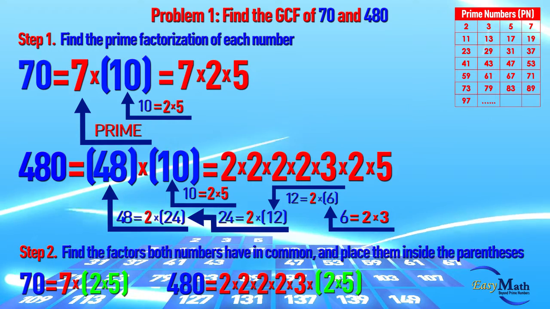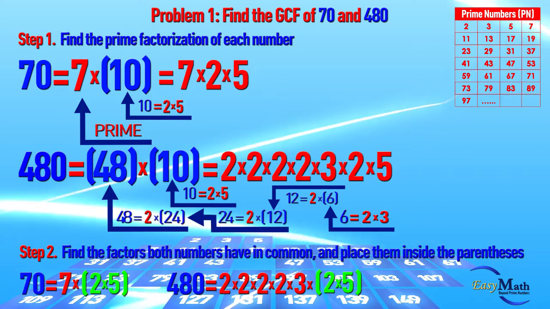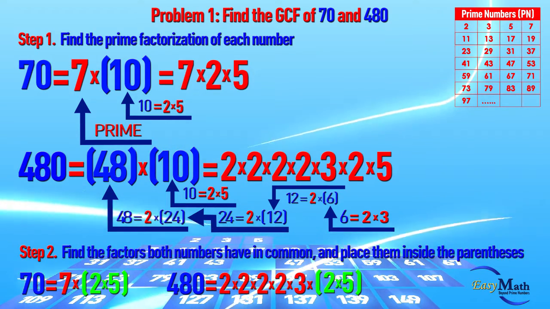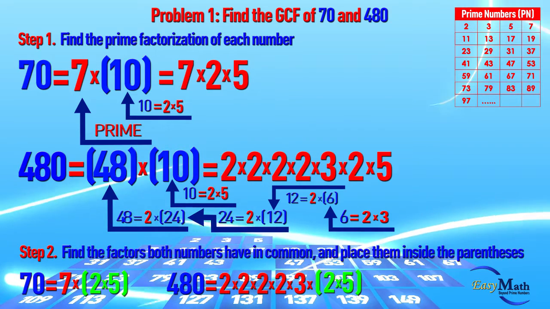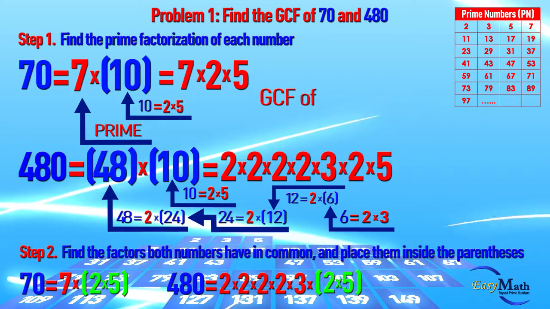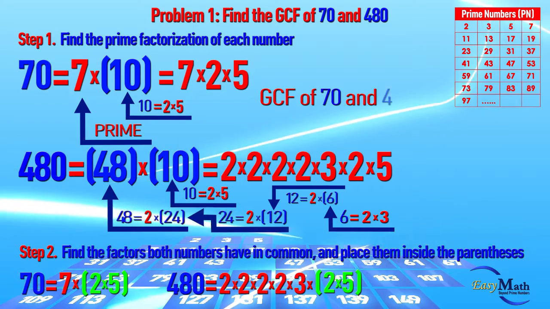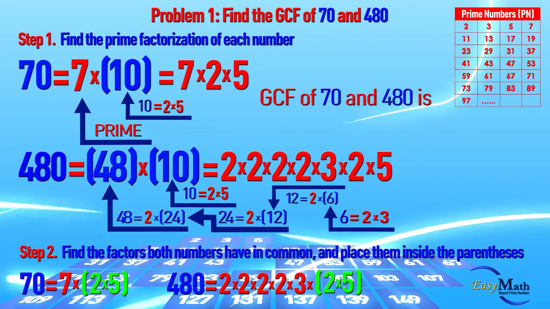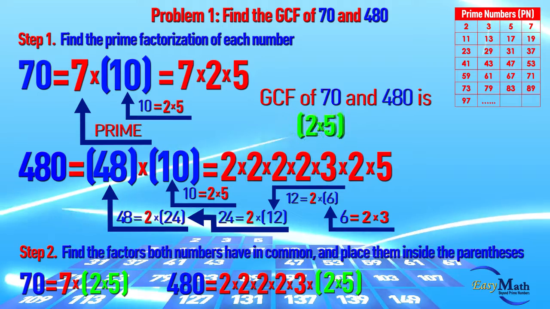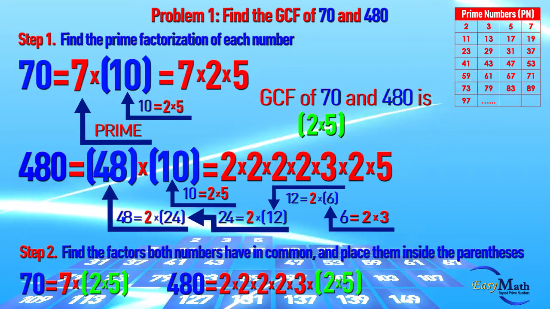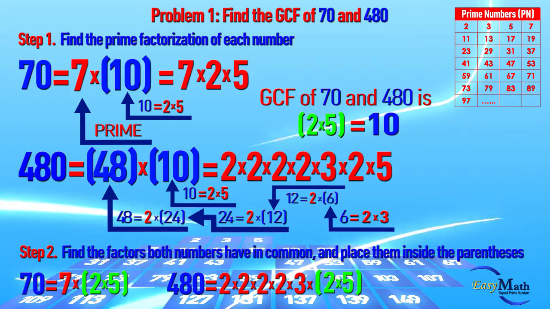Since these two numbers have two common factors, 2 and 5, we have to multiply them. Thus, the greatest common factor, GCF, of 70 and 480 is 2 times 5, which equals 10.